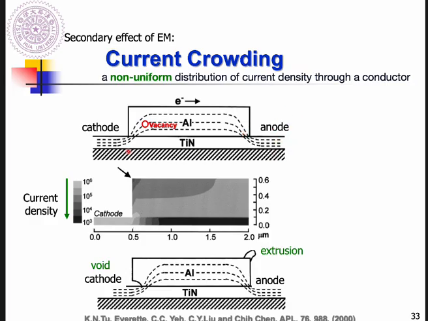We have the anode and cathode here, with the cathode on your left-hand side. As long as you apply current passing through, the electrons move to the right-hand side, which pushes the atomic flow, the aluminum flow, to the right.